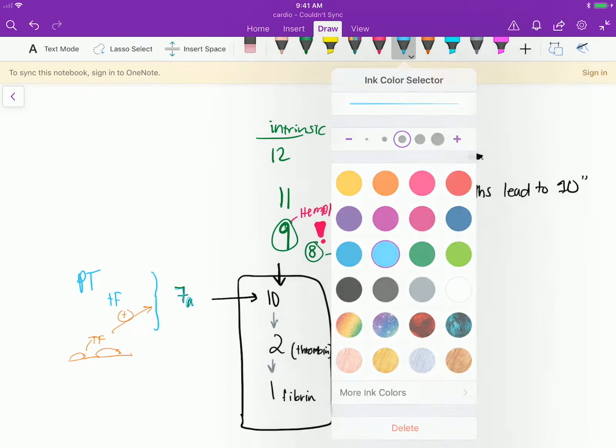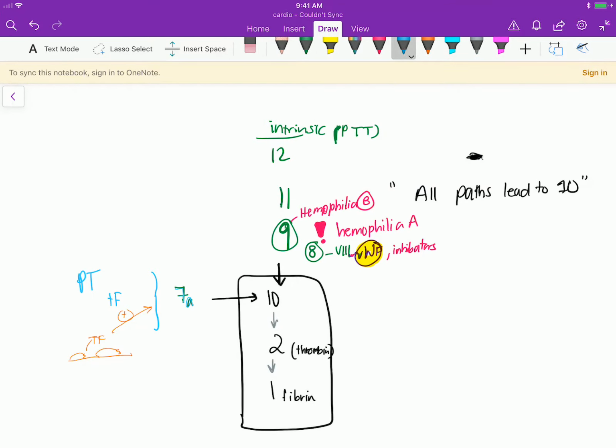So thrombin can activate, I'm going to put this in a different color again. Thrombin, which is factor 2, can activate factor 5, so I'm going to put this right here. Factor 5, which is part of the common pathway. I forgot to put it right here. So this is factor 5, right? So thrombin can activate factor 5.